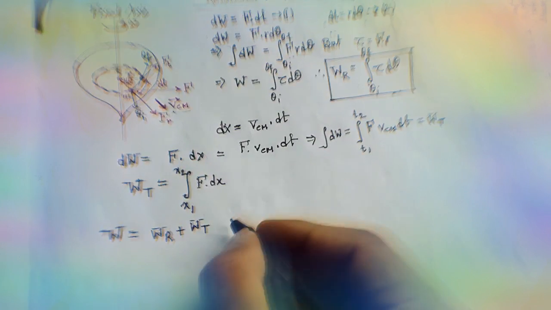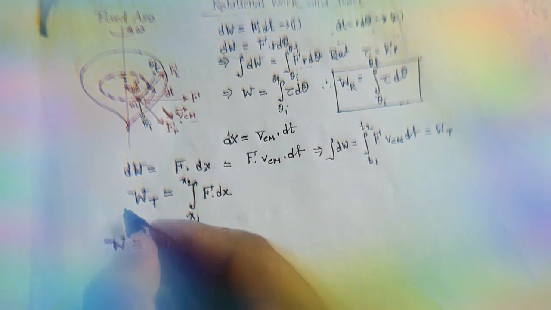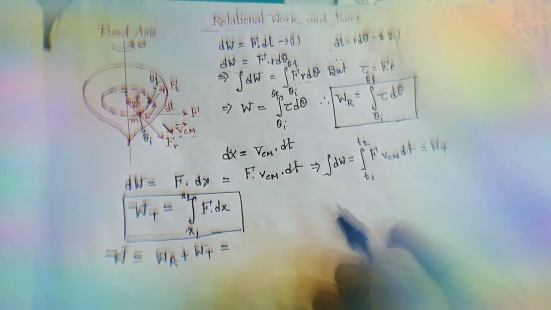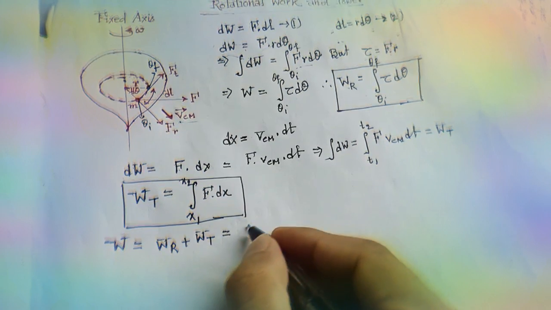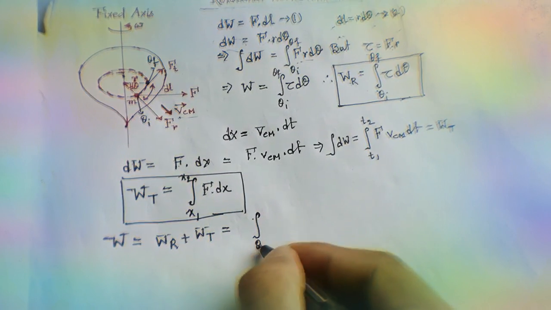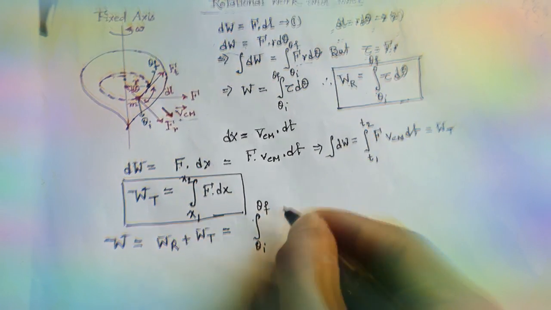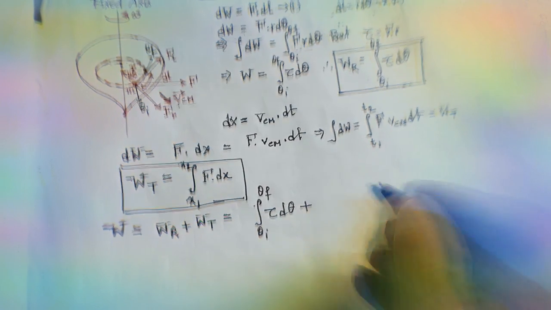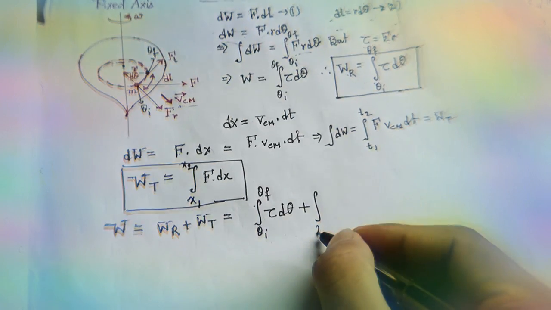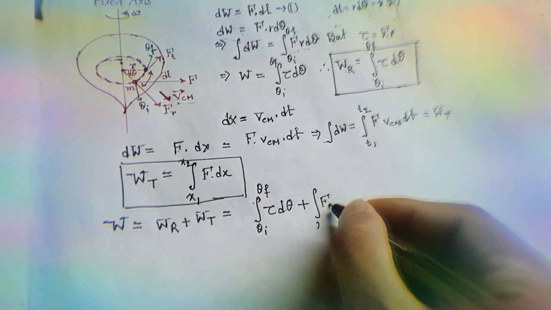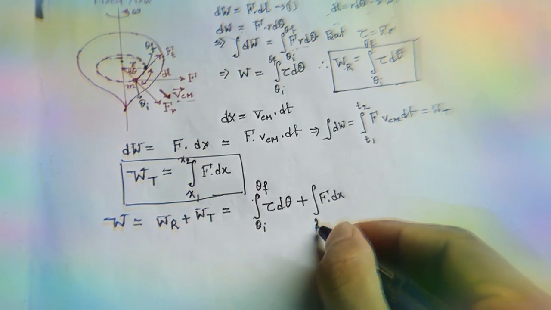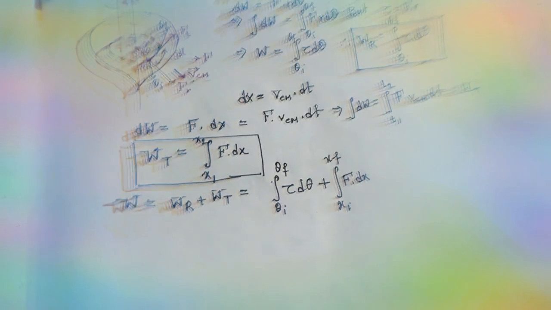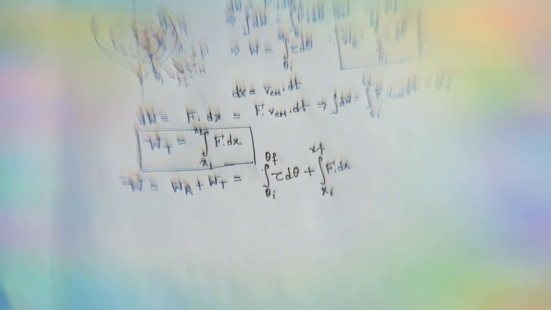After putting the proper values of WR and WT, we will get W equal to integration from theta i to theta f of tau d theta plus integration of F dot dx from x initial to x final. So this is the equation for total work done in rolling.